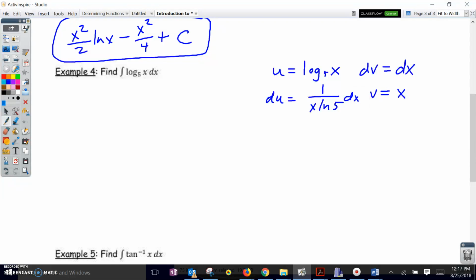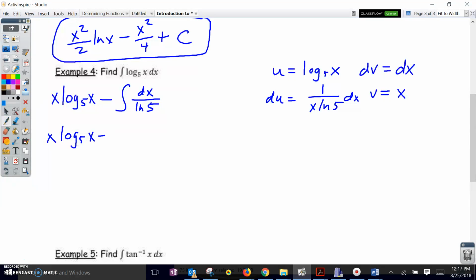Alright, and now the integral is going to be u times v minus the integral of v du. I'm just going to go ahead and simplify this right away. It's just going to be dx over the natural log of 5. And I can bring the constant natural log of 5 out in front.